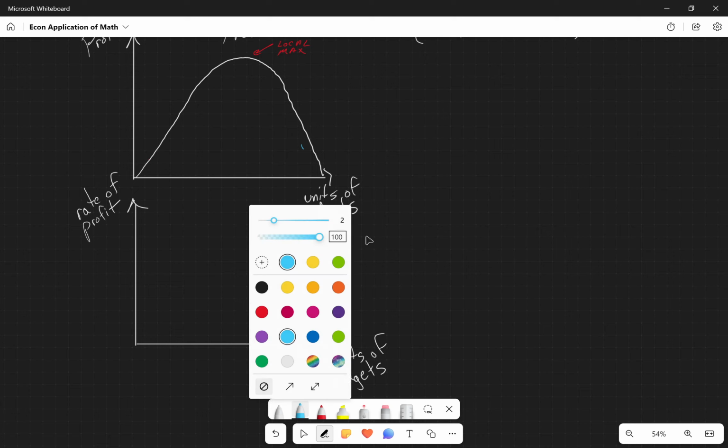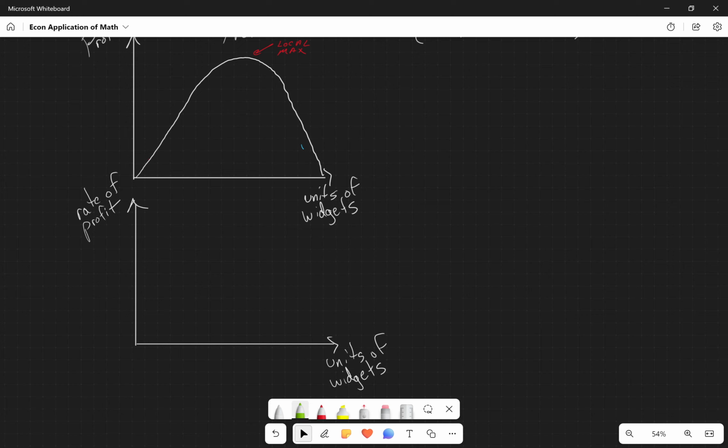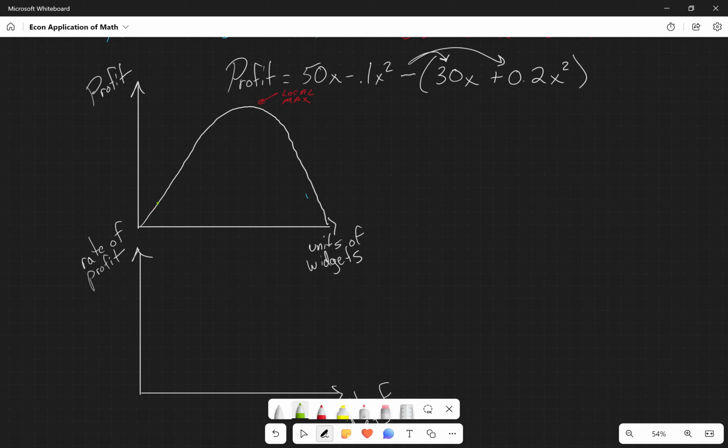And so we can take a look at the slope of this profit curve, right? And we see that the slope of the profit curve is positive, but the slope is declining as we're increasing, right? So there's some sort of limit to our profit. There's some sort of limit to how many widgets we can produce. We can't just produce widgets at a profit forever. We only have so much space. We only have so many people. We only have so many machines.